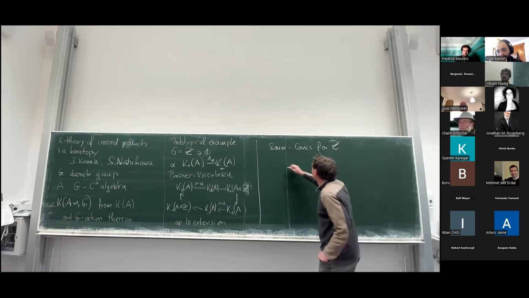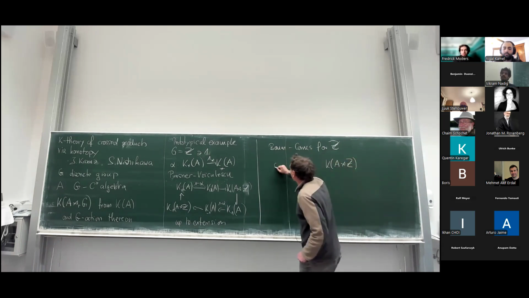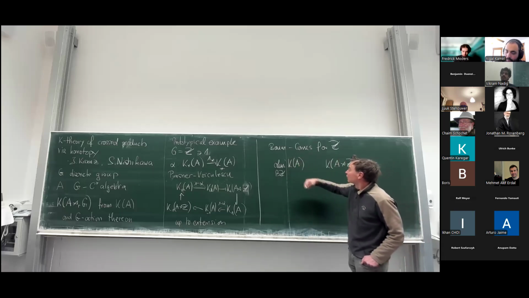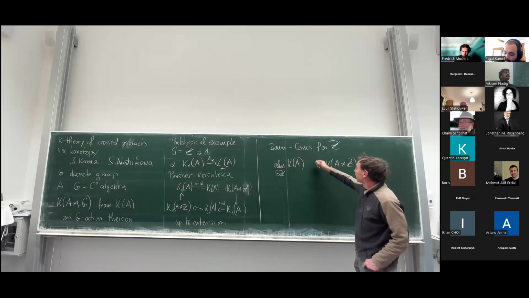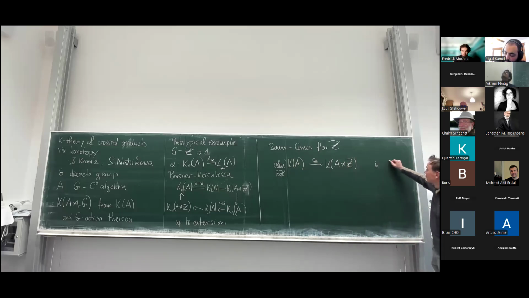That says that the spectrum of the cross product is given by the colimit over BZ of K of A, where the integers act by functoriality, and this is an equivalence of spectra. So this is a homotopy theoretic formula for the K-theory spectrum.